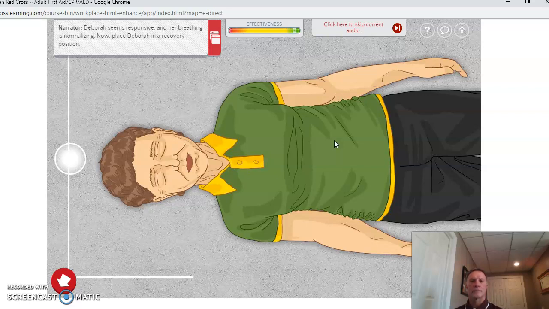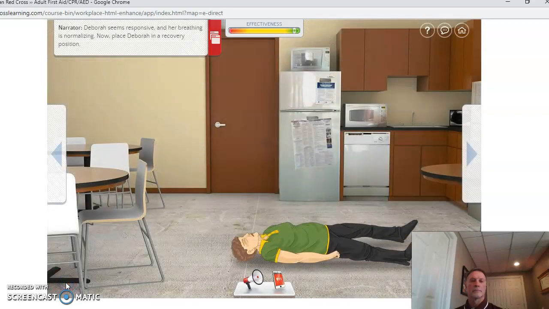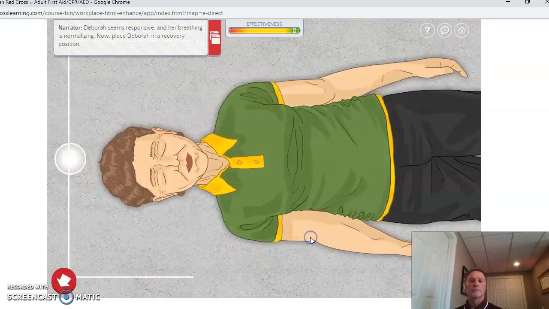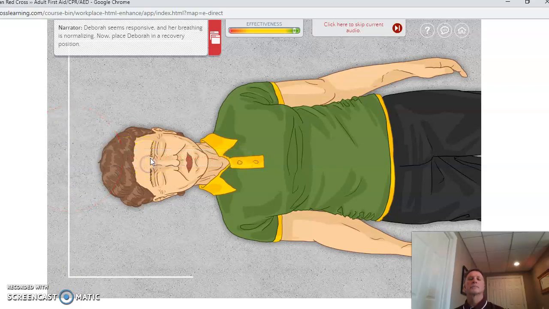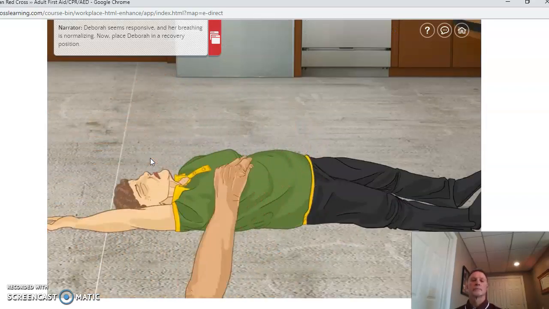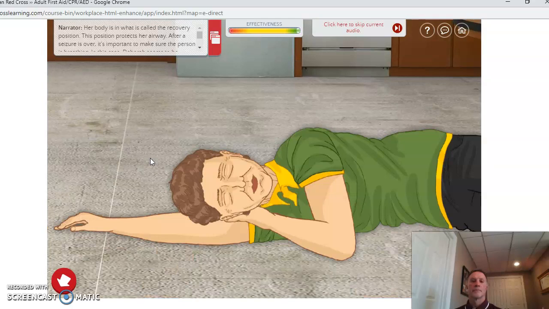Now, place Deborah in a recovery position. Her body is in what is called the recovery position. This position protects her airway.